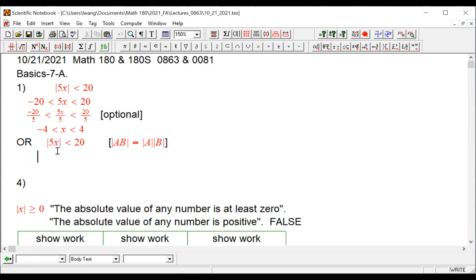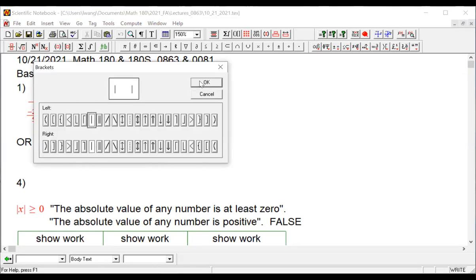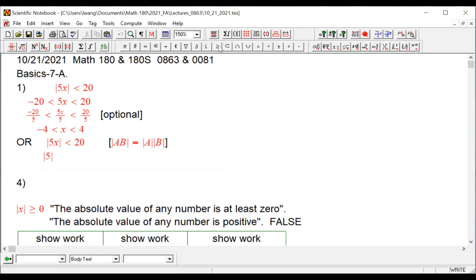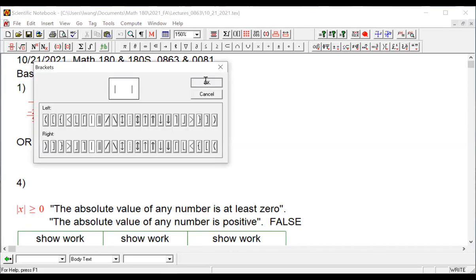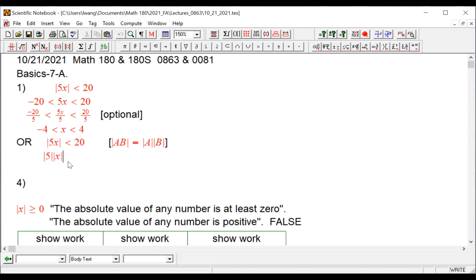So in this case, the absolute value of 5 times x will be equal to the absolute value of 5 times the absolute value of x, which is less than 20.